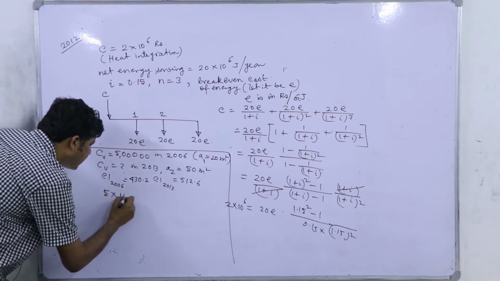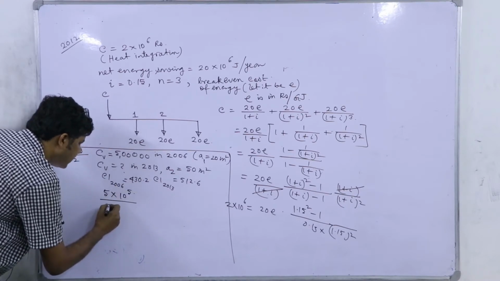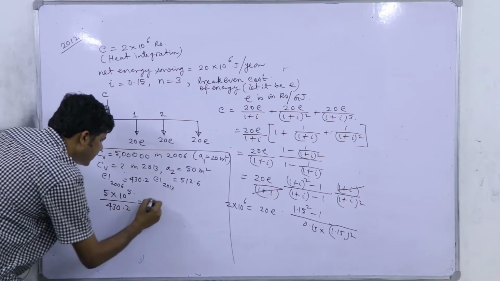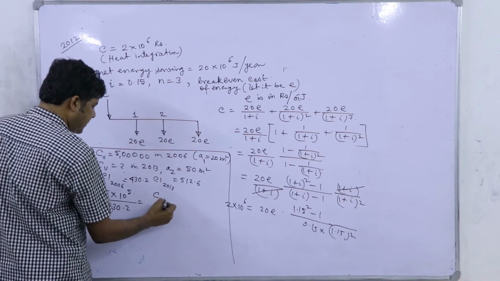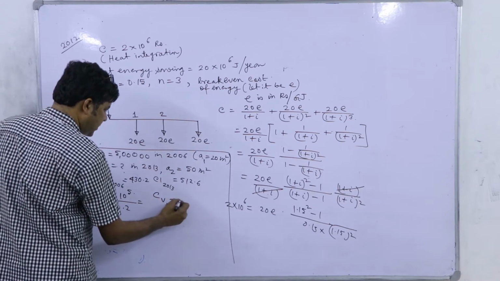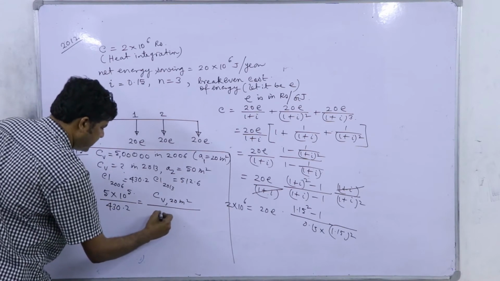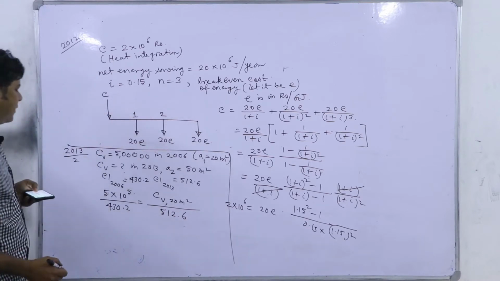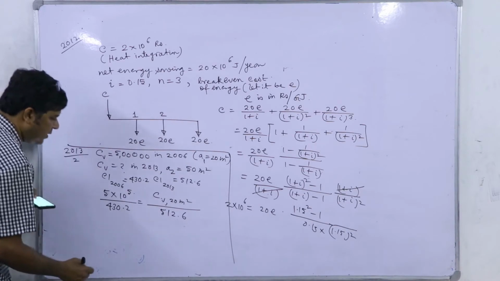So, 5 lakh divided by the cost index in 2006, 430.2, is equal to CV of 20 meter square divided by the cost index in 2013, 512.6. So, you have to solve first this CV of 20 meter square.